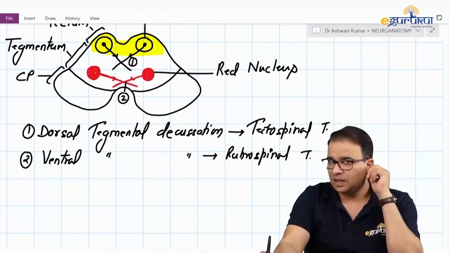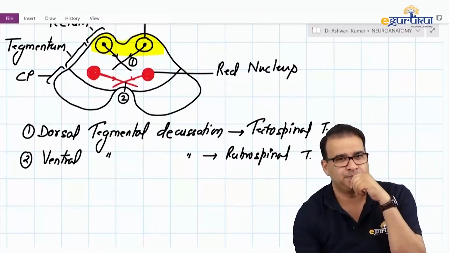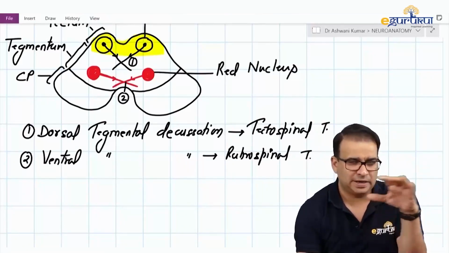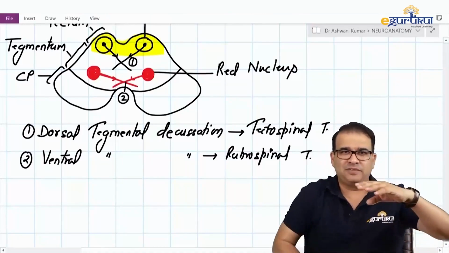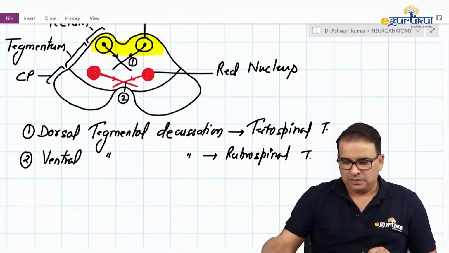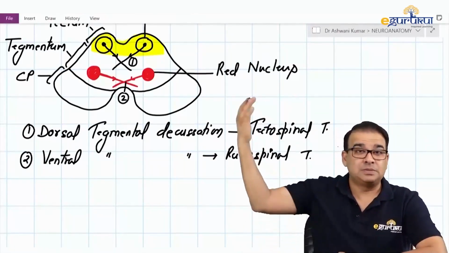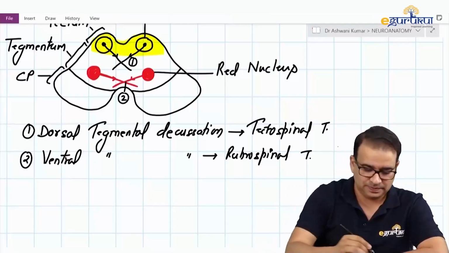Dorsal for the tectospinal and ventral tegmental decussation is for the rubrospinal tract. It could be an image based question also. They can give you a section of the midbrain at the level of the superior colliculus and show you the decussating fibers in the dorsal and the ventral part. You can understand that easily because we know the tegmentum is more posteriorly placed, so obviously the decussation is also posteriorly placed.